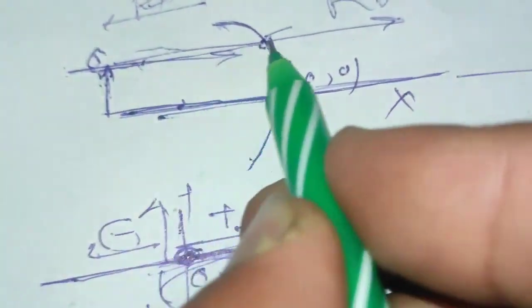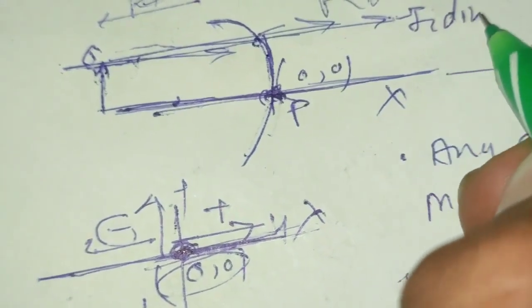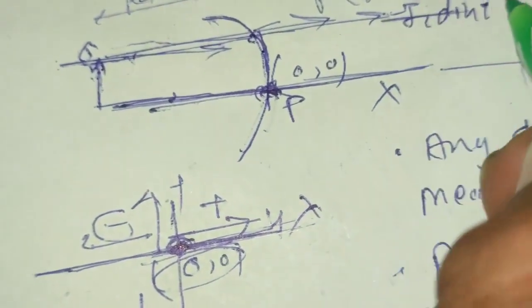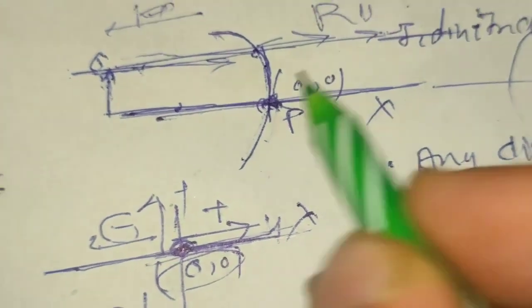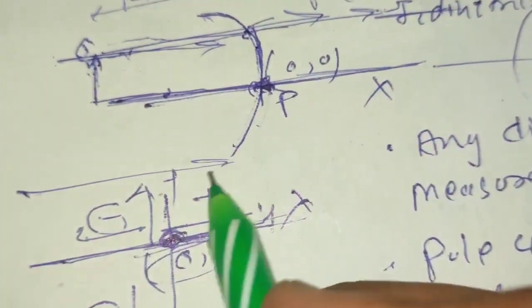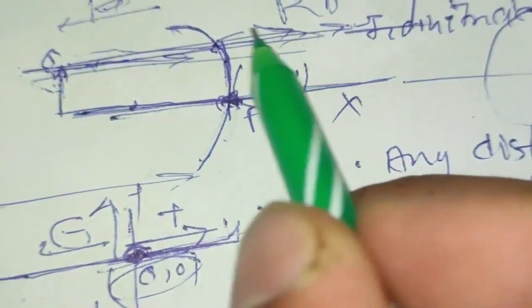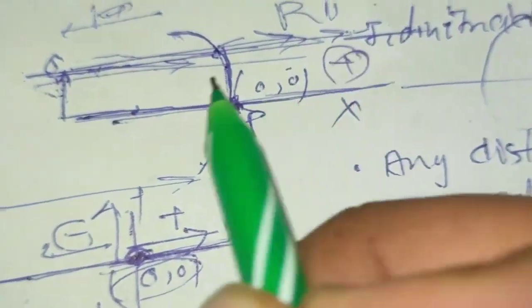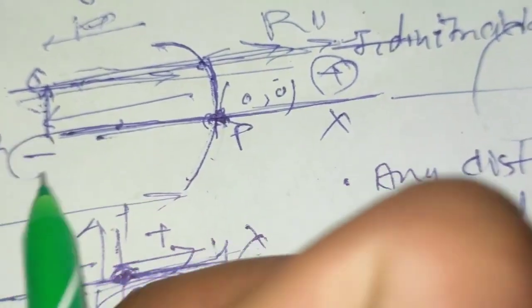Anything in the direction of the incident ray, like in the x direction to the right side, is taken as positive, and anything against the incident ray, the left side direction, is taken as negative.